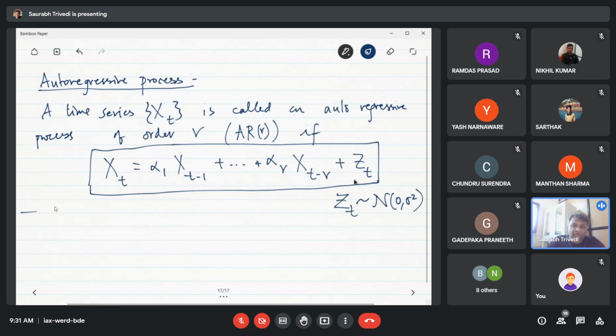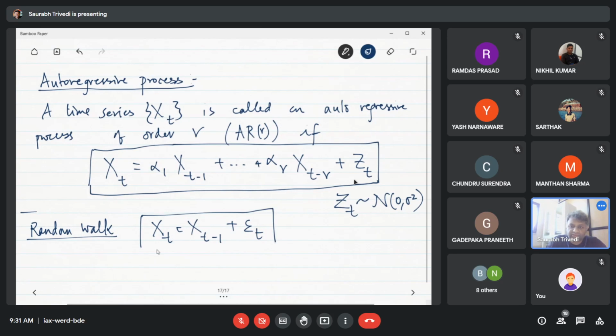Now we have already seen one autoregressive process, the random walk that we did. So xt equals xt minus 1 plus epsilon t, right?